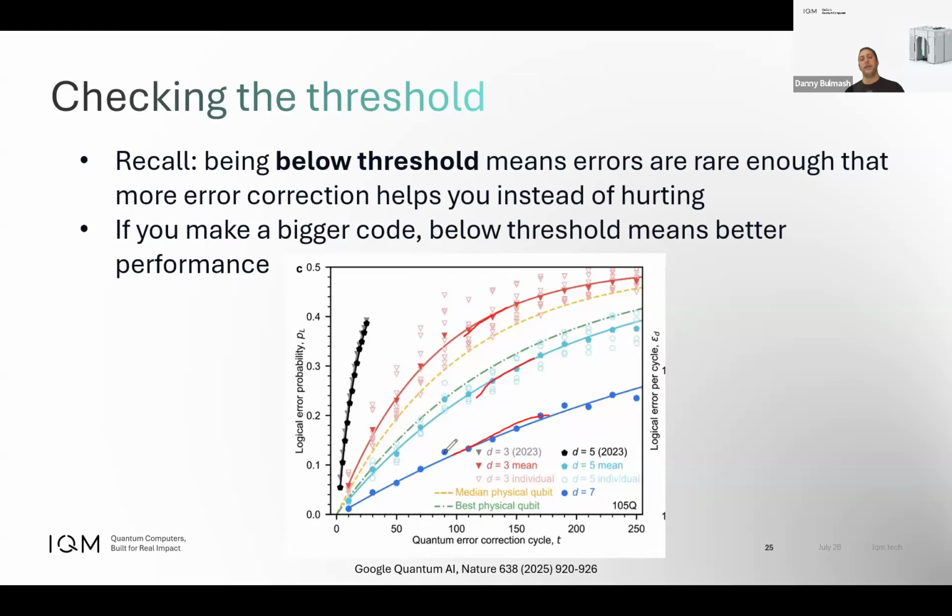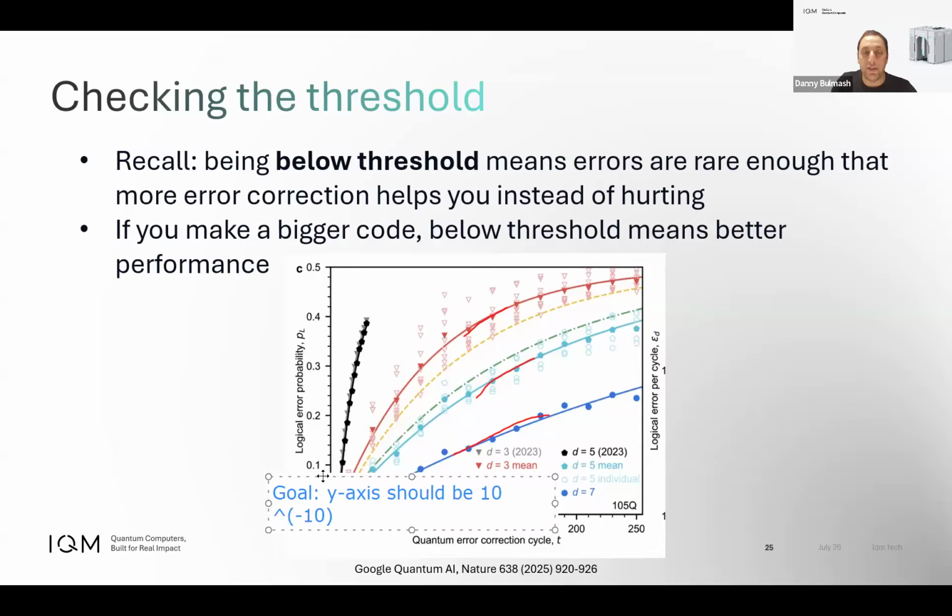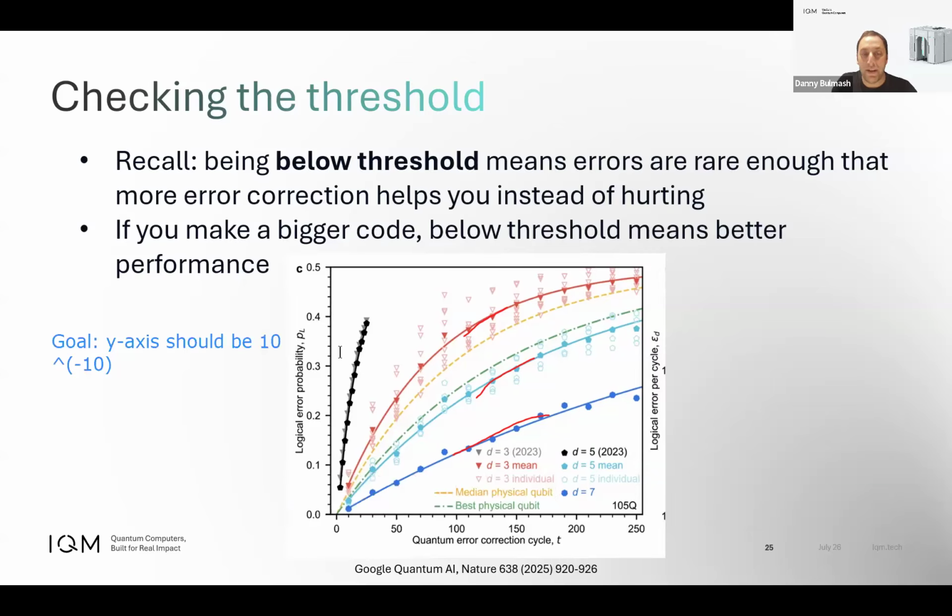And the idea here is that as we make the codes better and better, we should be able to make this number go down to, let's say, 10 to the minus 10 or something like that, right? So the goal is for the y-axis to be that small, so that even though if we wait longer more errors happen, those errors are so rare that we don't have to care.